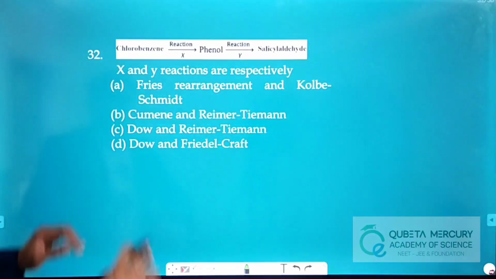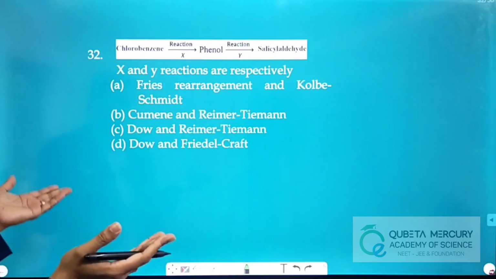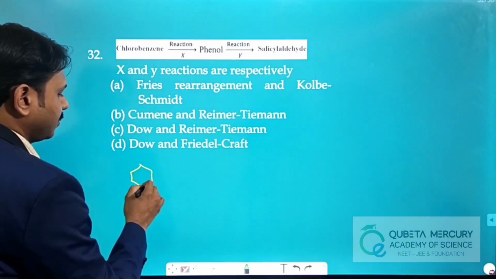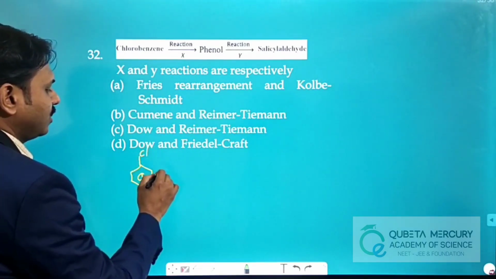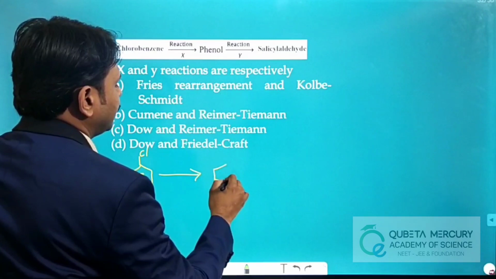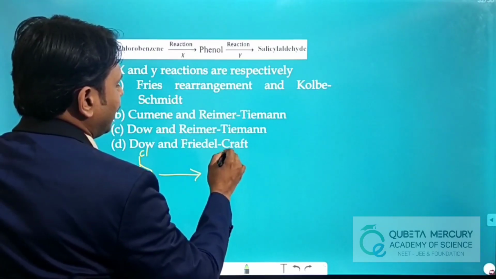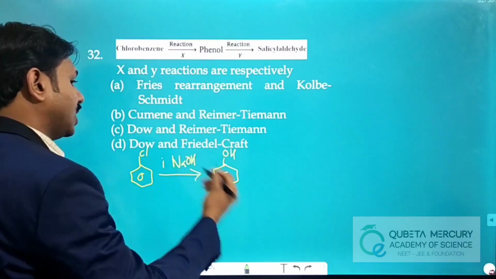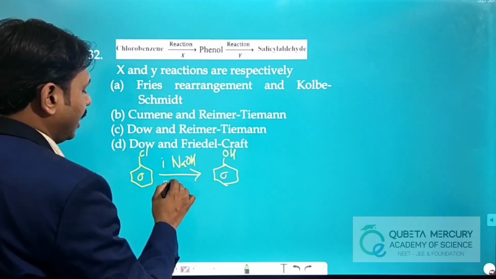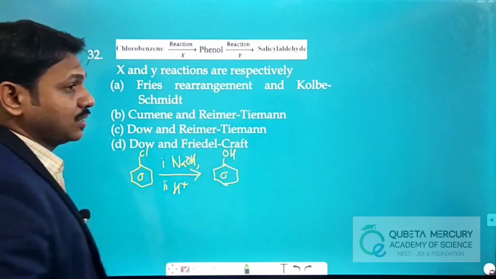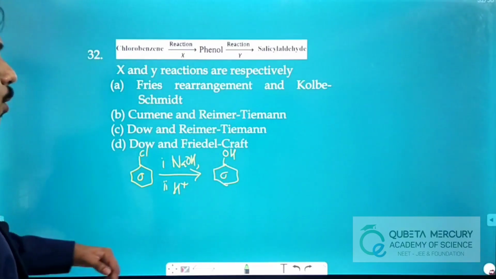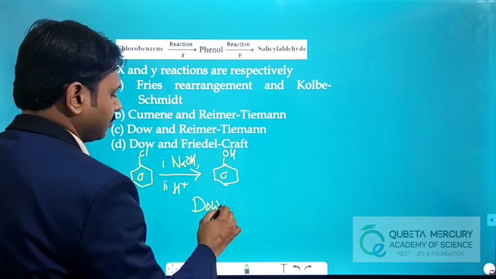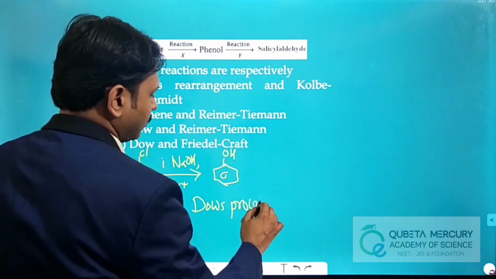Next question. Chlorobenzene on reaction gives phenol. How can you convert chlorobenzene into phenol? This is chlorobenzene. In one reaction, it changes to phenol. For this, we need to add sodium hydroxide at high temperature and pressure, followed by hydrolysis, not the usual conditions. This process is called the Dow process.